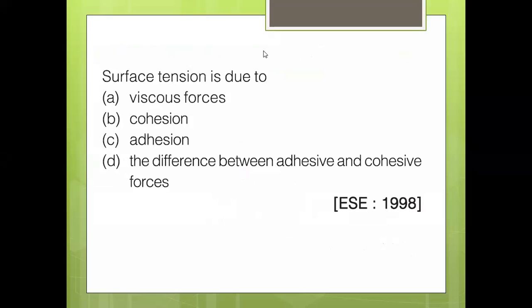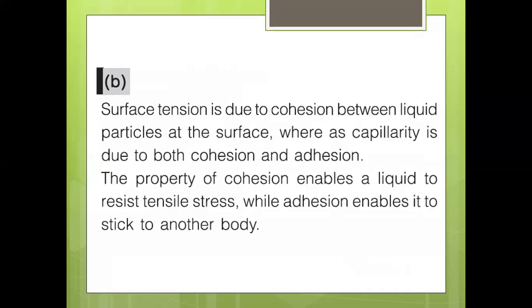Okay, option B is the answer given by many students. That is cohesive force. And that option is correct one. Many students have got the same answer here. Option B is the correct answer. Surface tension.